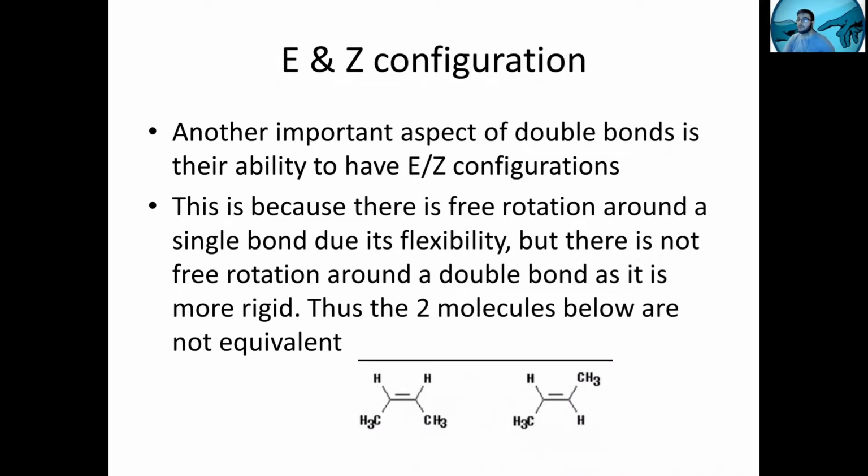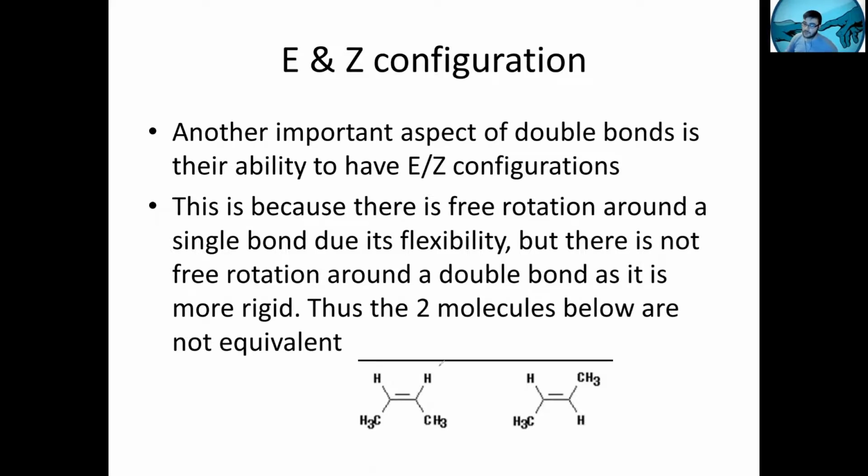Okay, next, another important aspect of double bonds is their ability to have E and Z configurations. This is because there's free rotation around a single bond due to its flexibility, but there is not free rotation around a double bond as it's more rigid.